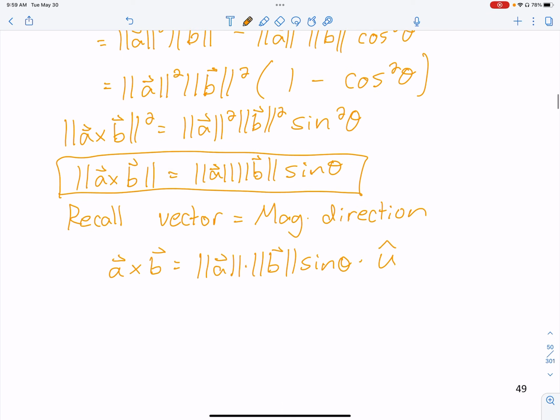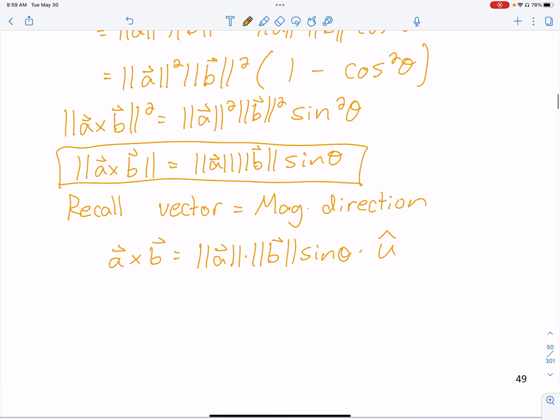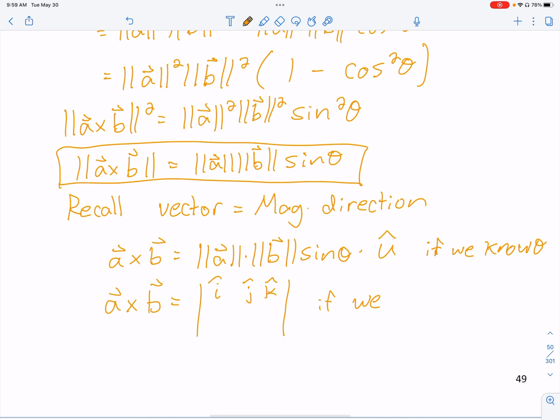So this is a great formula if we know theta. Now, if I want A cross B and I don't know theta, A cross B is going to be my i, j, k determinant, if we know components, meaning each part of the vector. All right, x, y, z, or v1, v2, v3.